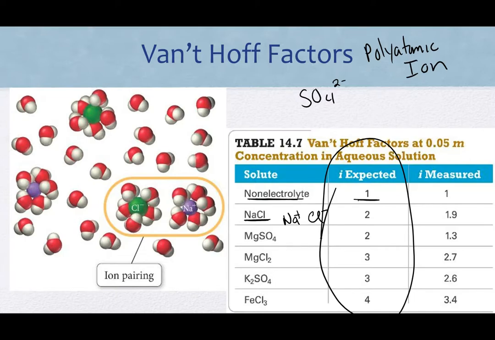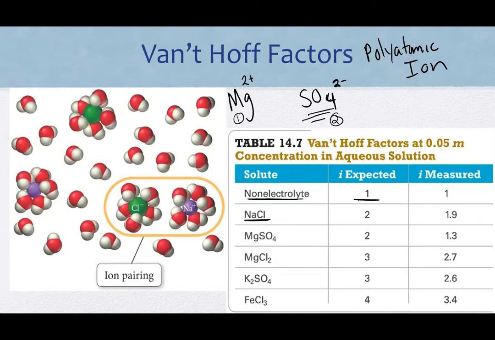Okay. So when magnesium sulfate, which is this guy right here, breaks apart in solution, it breaks apart into 1 particle of magnesium and 1 particle of SO4. This cannot break down anymore. So that's why the Van't Hoff factor is 2, because you got 1 particle, 2 particles. Okay.